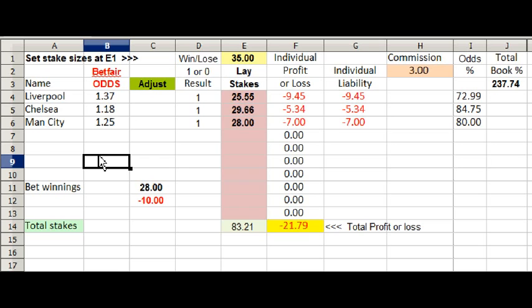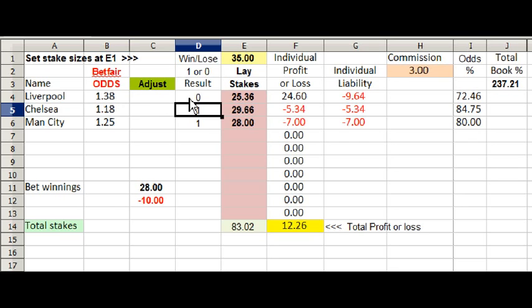Now once my matches went in play, Chelsea and Manchester City scored quite early on, so I put in their current layouts, which were 1.18 and 1.25, and Liverpool had gone out to 1.38 at that point, and Liverpool was still drawing, so I put those in as a loser.